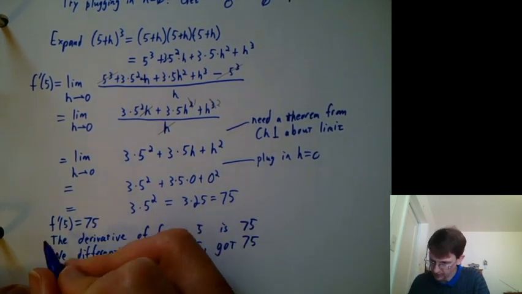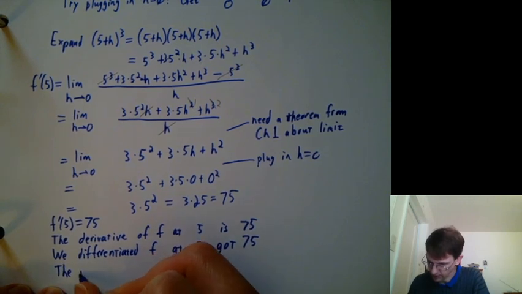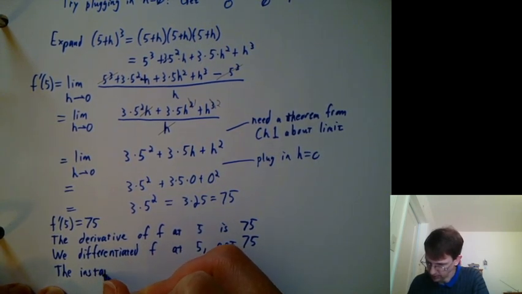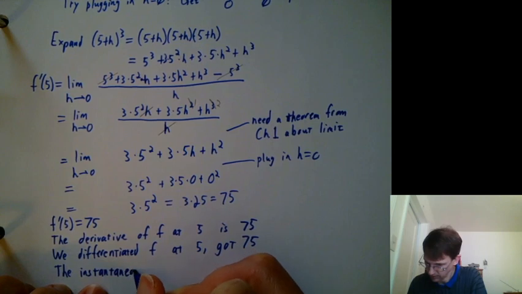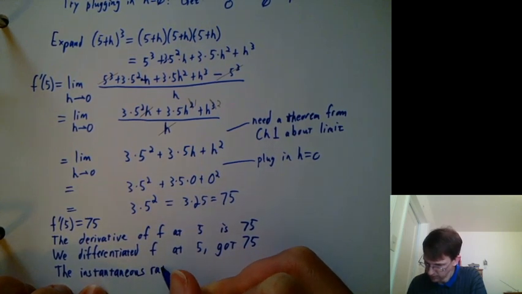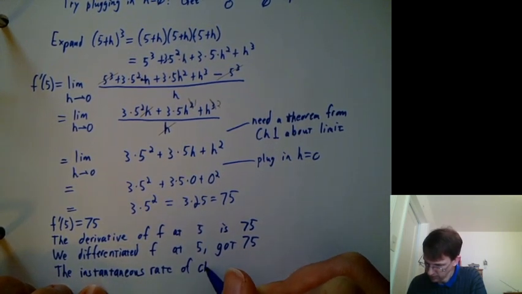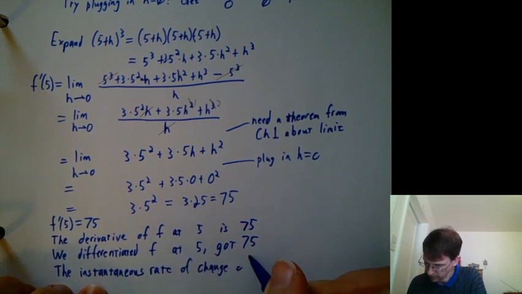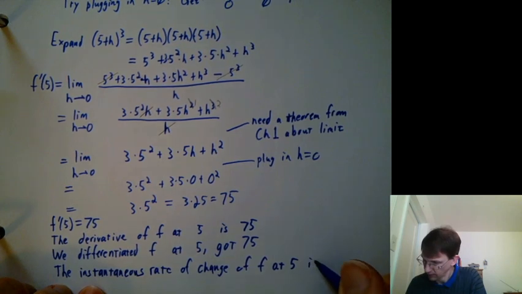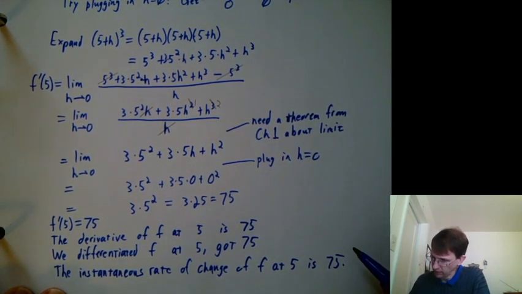Or you could say the instantaneous rate of change of f at 5 is 75.